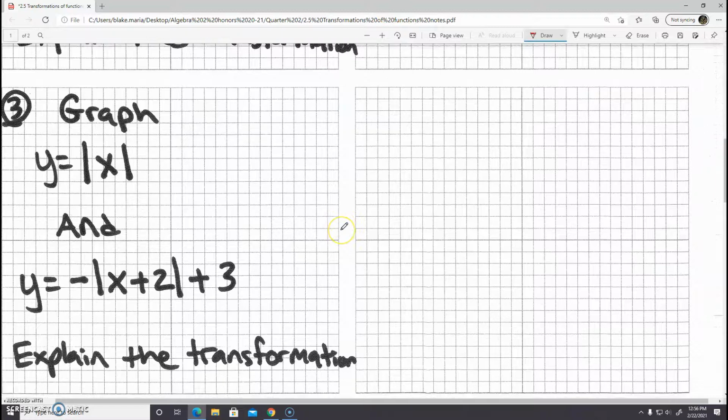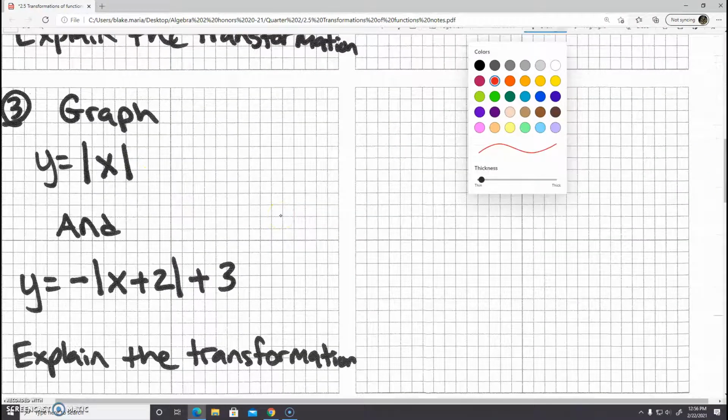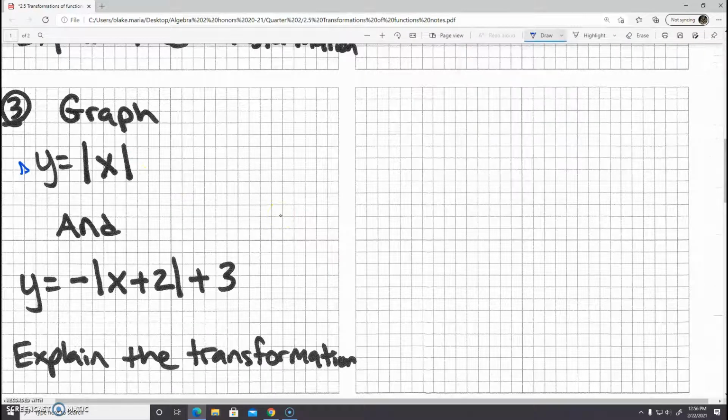All right, moving on. Absolute value. Let me get my parent function, my blue. Again, we haven't really talked about this graph, but let's plug in some values and see. Absolute value of 0 is 0. Absolute value of 1 is 1. Absolute value of 2 is 2. All right, let's try some negatives.